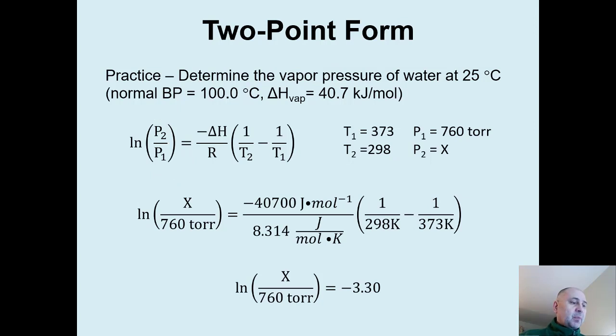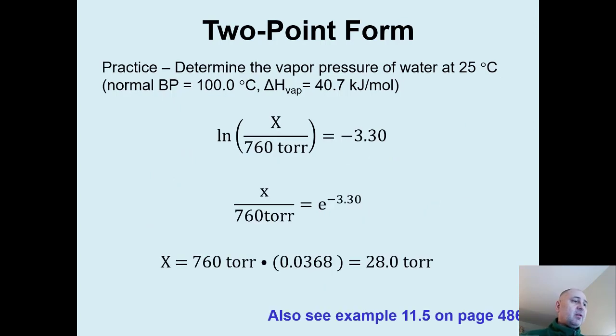Here's that clean, and then the second part is here all written out, and when you calculate that, you get a value of 0.037. So e to the negative 3.30 is that, and then you multiply it by 760 torr, and you end up with 28 torr. Obviously you're going to have a much lower pressure to boil that at room temperature.